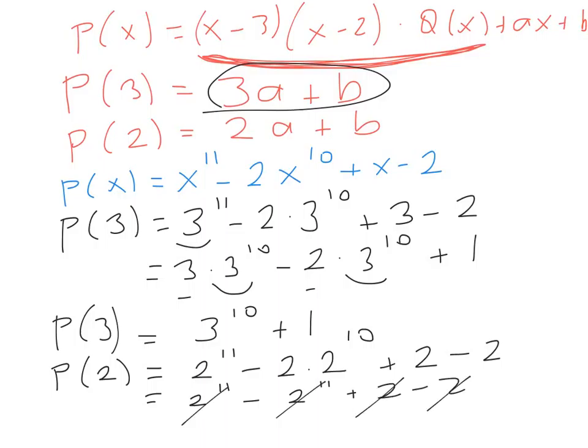So they will all cancel out, and to our joy, P of 2 equals 0. Please write them down.